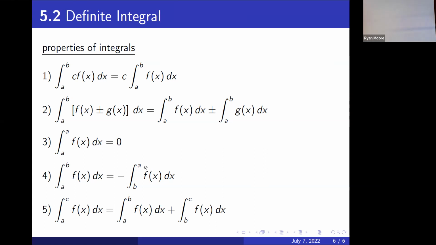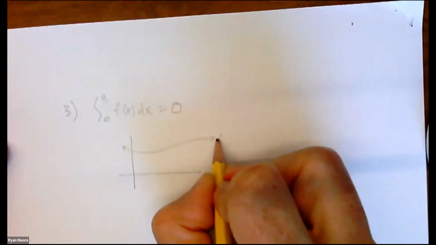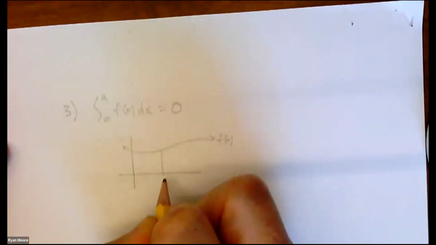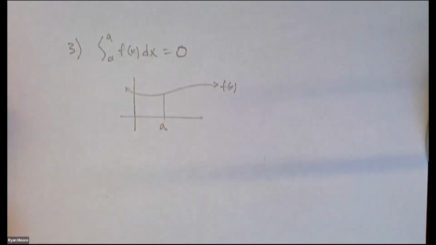Maybe really fast, let's draw these last couple of them. We can sketch these. So property 3 was a to a f of x dx equals 0. Why is that? Well, if you thought of a function f of x, but your starting and ending point was at the same location, a, well, yeah, the area is 0.